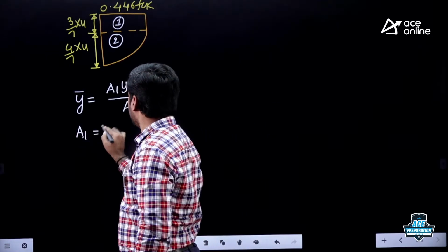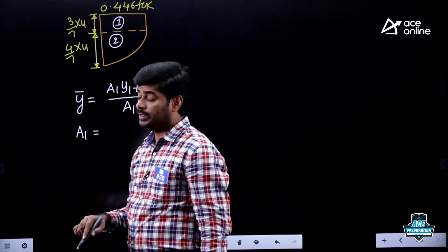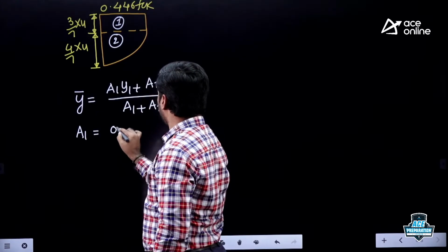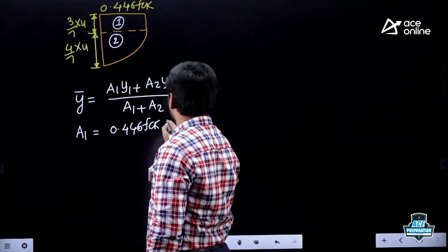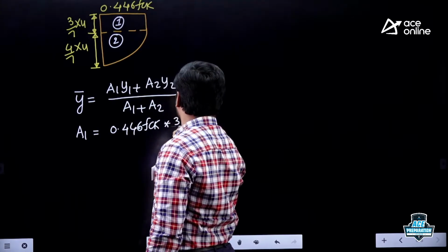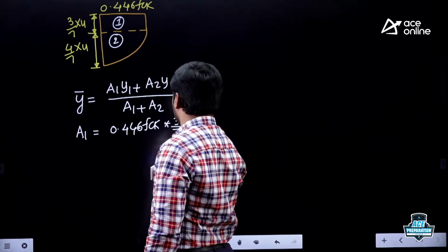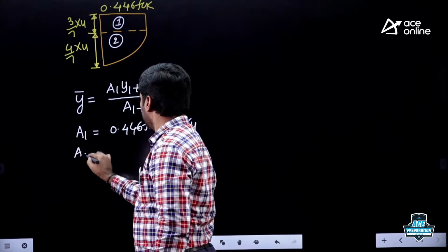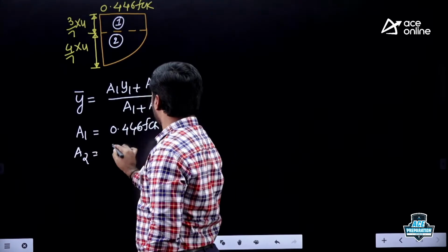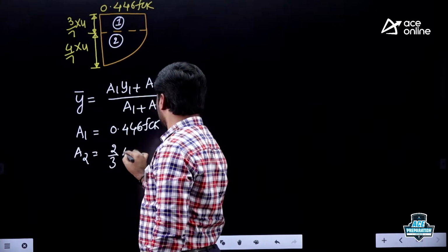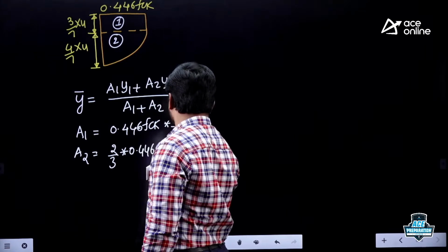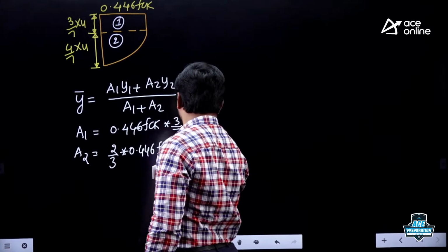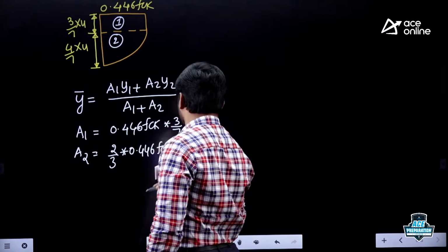A1 is nothing but the area of the rectangular portion. It is 0.446 FCK into height 3 by 7 XU. Then what is A2? A2 is 2/3 of 0.446 FCK into 4 by 7 XU.